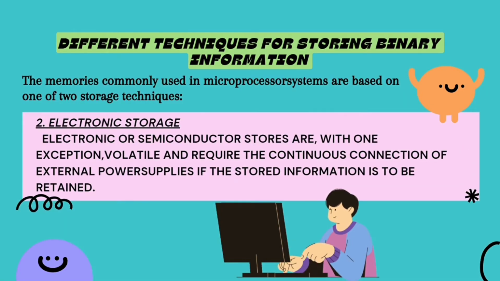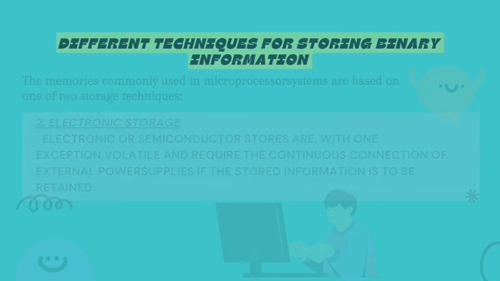The second one is electronic storage. Electronic or semiconductor stores are, with one exception, volatile and require the continuous connection of an external power supply if the stored information is to be retained.